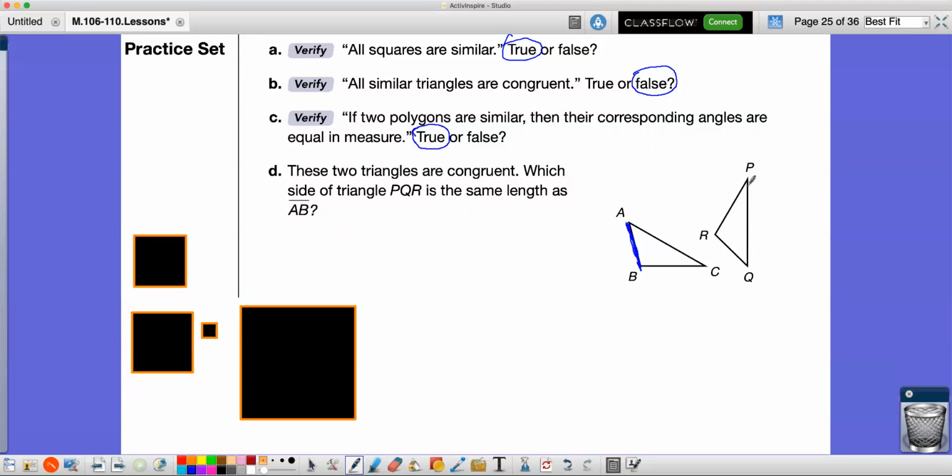Is it this one, or this one? Okay, if you answered QR, the line segment QR, or you could have labeled it RQ for the line segment, you would have been correct. See this one right here matches up. You see it's shorter. It's pretty clear on this particular one.